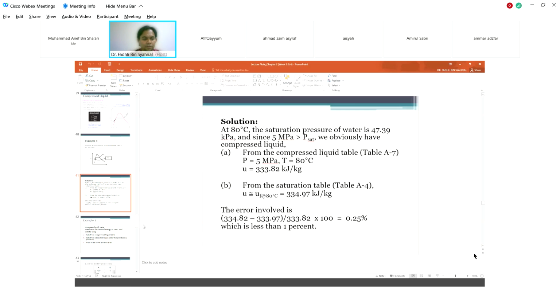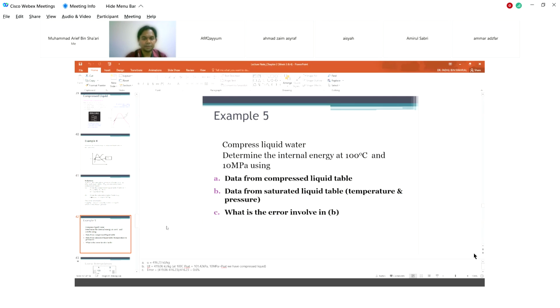Second thing, please try example number 5. Please try all the examples that we have discussed today and that we were not able to discuss, for example, table A5. Do all the examples so that you can understand very well what we have learned today.